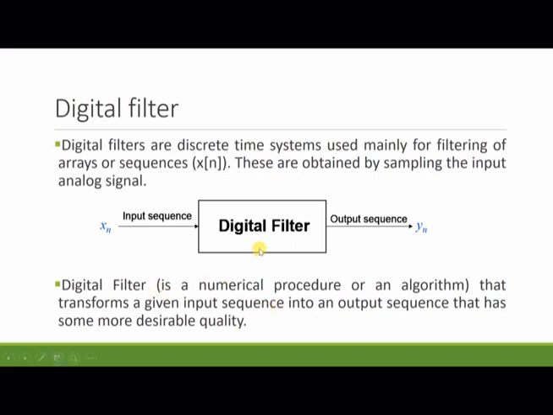And this digital filter is typically a numerical procedure or an algorithm wherein it can make use of either the FIR type of digital filter design or an IIR type of digital filter design. It will transform this given input sequence into an output sequence which has a more desirable quality.